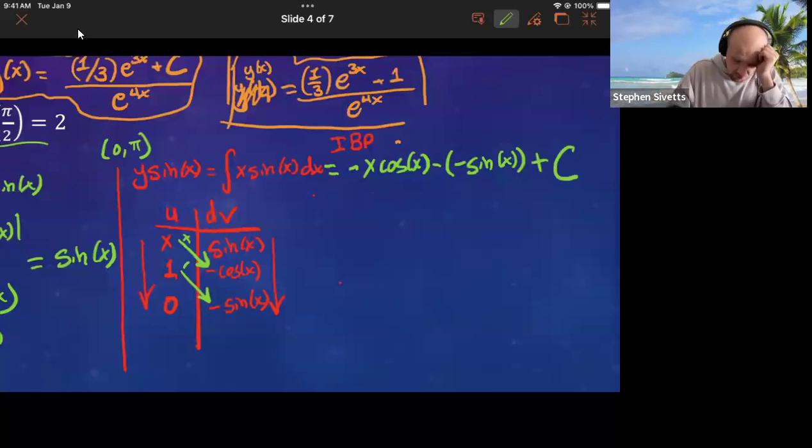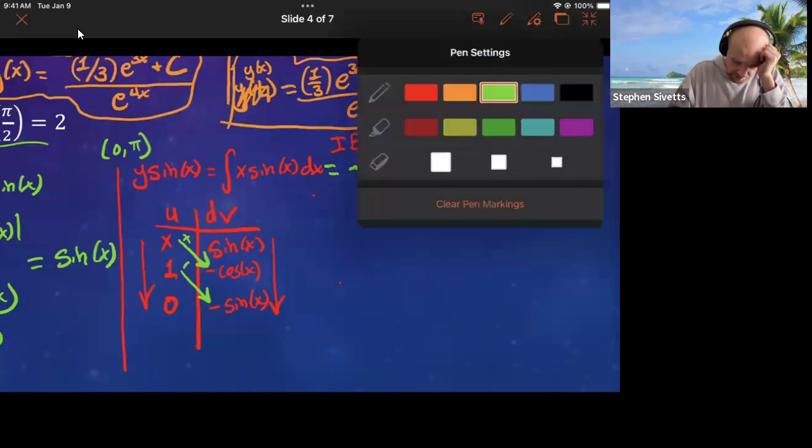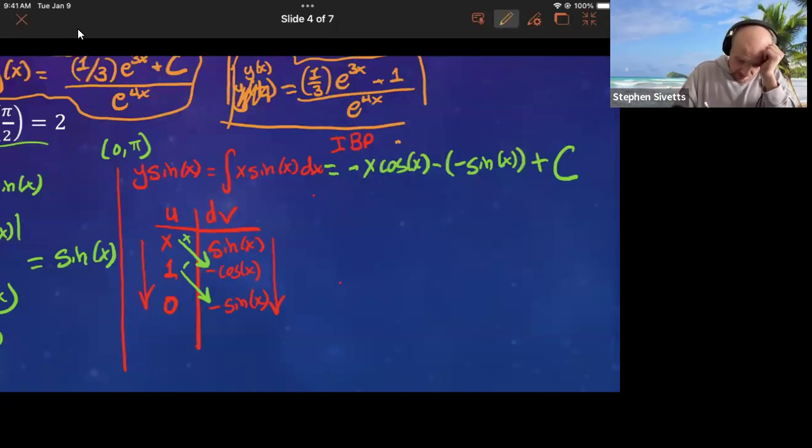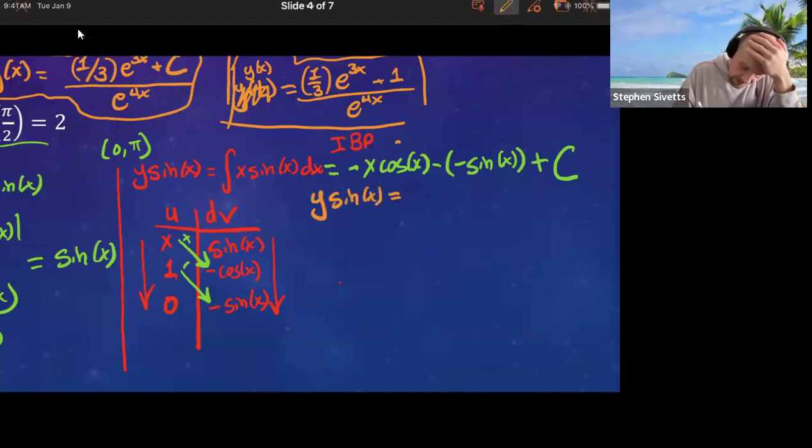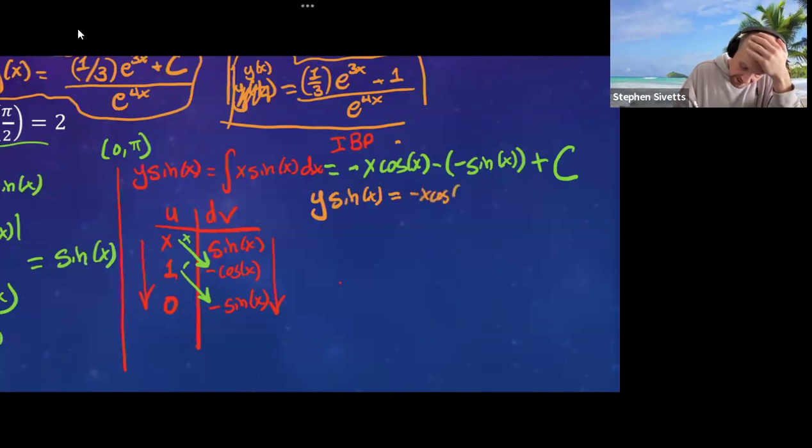Okay, so what this equation becomes is we'll have y times sine of x on the left, and this would equal minus x cosine x plus sine x plus c.